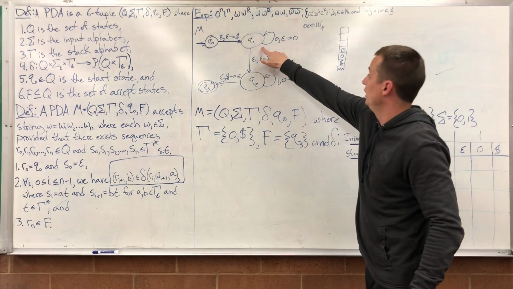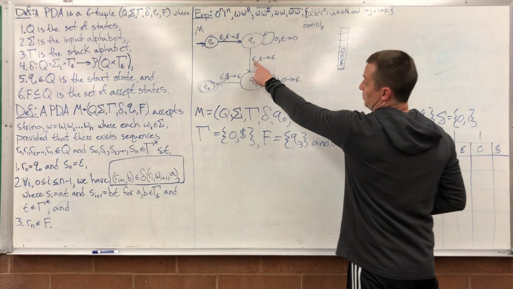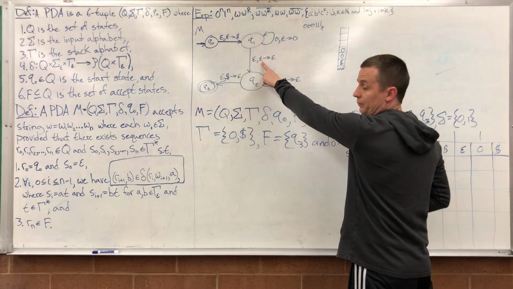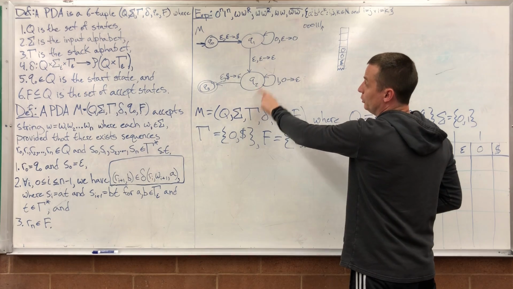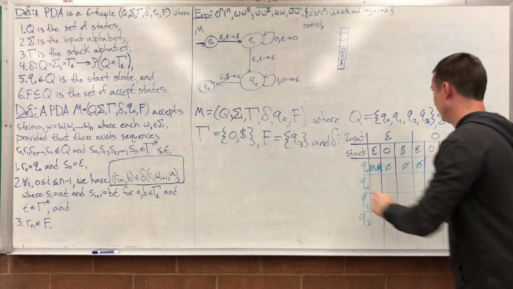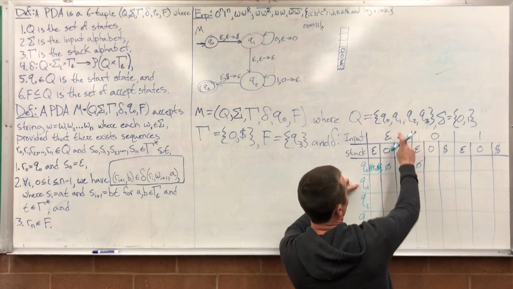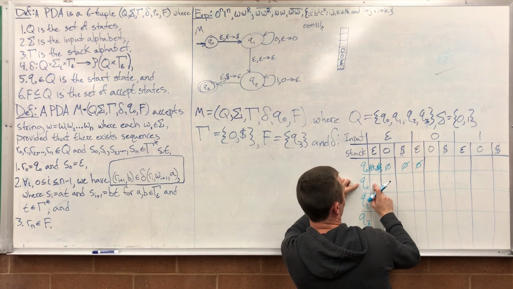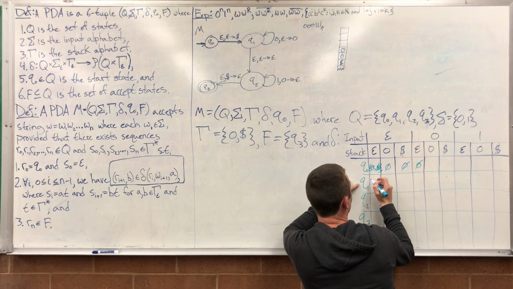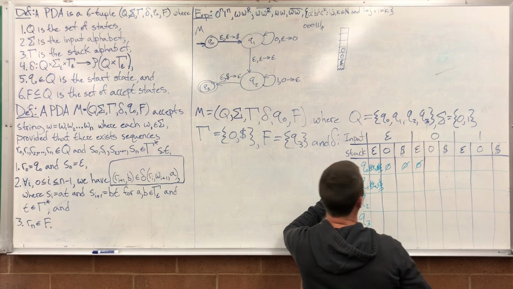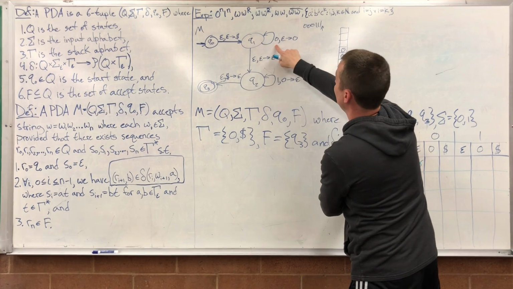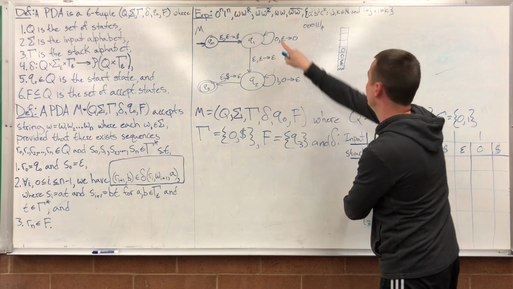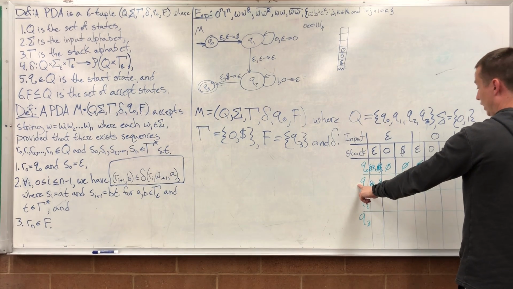Then, at Q1, reading an epsilon and popping an epsilon, we can go to Q2, pushing an epsilon. Or, reading a 0, popping an epsilon, we can go to Q1.